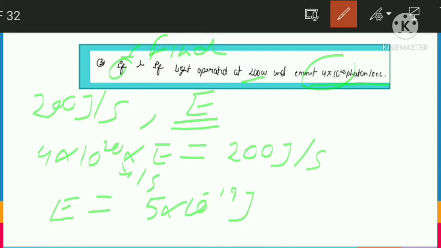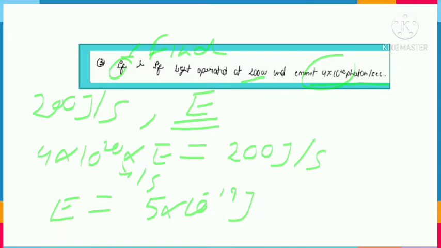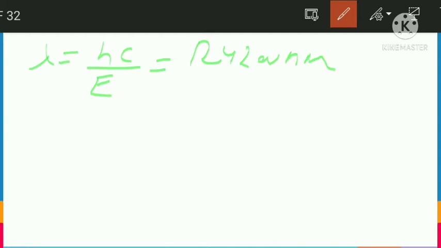So yes friends, now I think you can find lambda. Let's see how. By the simple formula, lambda equals hc by E. Again, the value of hc is 1242 electron volt nanometer upon the energy we have got, 5 × 10^-19 joule.